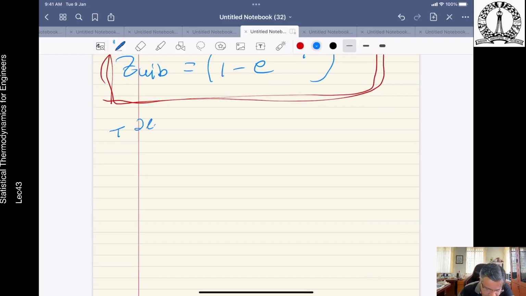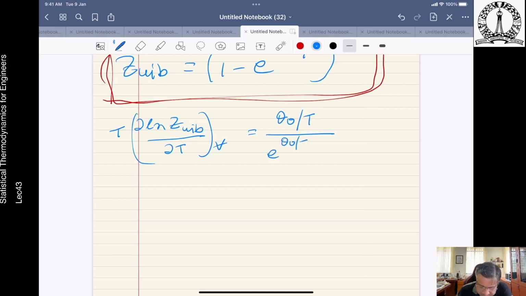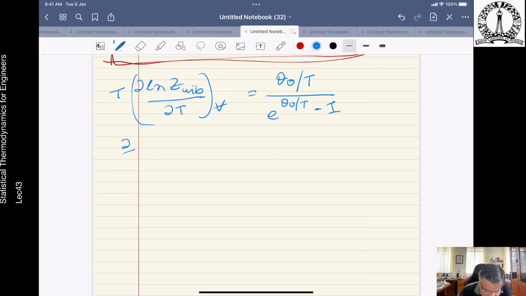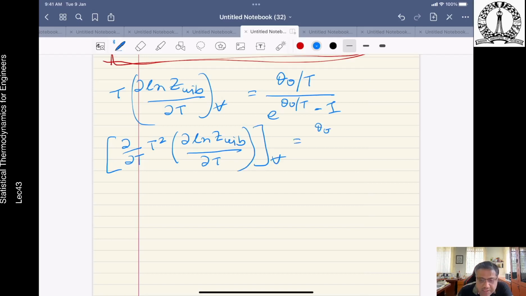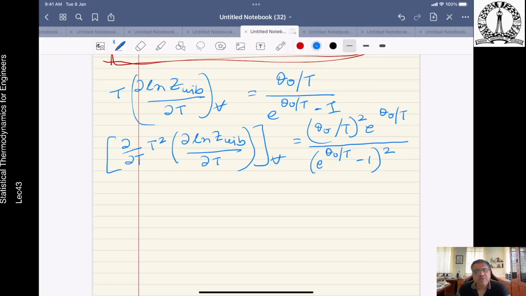One is T d ln z vibrational by dT at constant V, which is equal to theta v by T divided by exponential theta v by T minus 1. The other is T squared d ln z vibrational by dT, which is equal to theta v by T squared times exponential theta v by T divided by exponential theta v by T minus 1 squared.